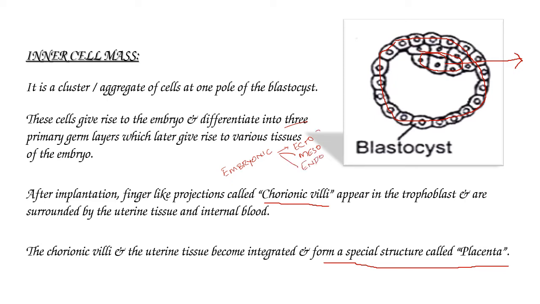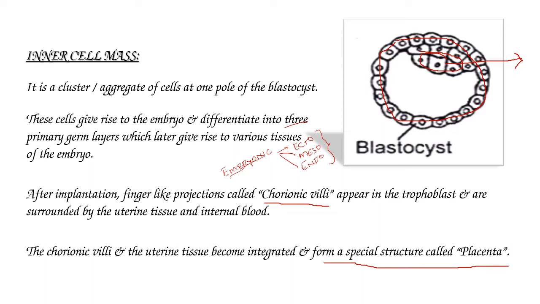From these three embryonic layers, various tissues of the embryo are developed, and the tissues are organized to form organs, organs are organized to form organ systems, and organ systems are organized to form a new individual. So everything differentiates from these three primary germ layers, or embryonic layers.